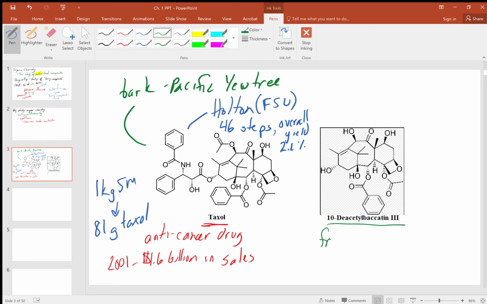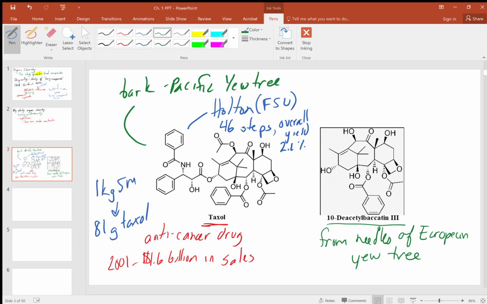Now, this comes not from the bark, but from the needles of the European yew tree. And this has two things going for it. First of all, this tree is actually a little bit more common, but more importantly, the needles are a renewable source. When you collect the needles from the tree, you don't kill off the tree.